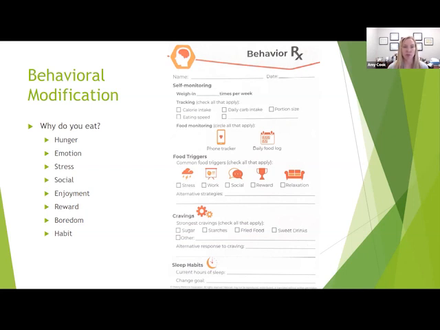Obviously, it can be very enjoyable, and we can use it as rewards for celebrating successes, or sometimes it's just out of boredom or habit. So it's really important to figure out what is contributing to patients' food intake to help identify the behavioral changes.